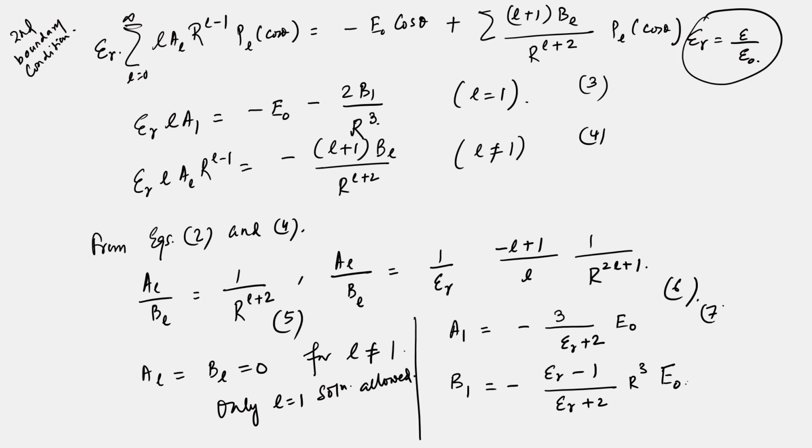So, these are equations 7 and 8. And now we have obtained the full solution, which is V_in(r, theta) equal to minus 3 E_0 divided by (epsilon_r + 2) times r cos theta, for r less than capital R.